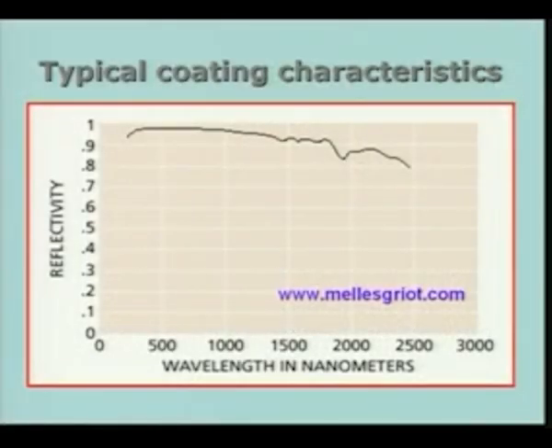Let us look at the typical coating characteristics of an integrating sphere. This is taken from the manufacturer's website, www.mellesgriot.com. There are manufacturers of such equipment, and this is for use between about 300 nanometers to about 2500 nanometers, the visible and the infrared part of the spectrum, which we usually call the near infrared.